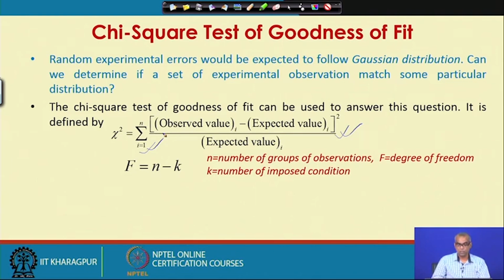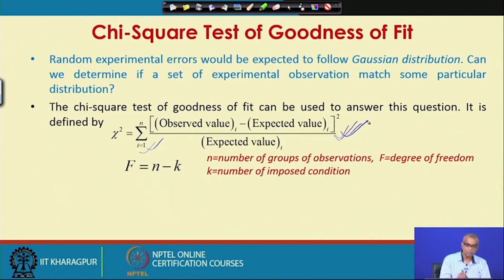You pick up one observation, find the difference between observed value and expected value, square it, and divide that by expected value. Sum such terms for all observations. That is defined as chi-square.